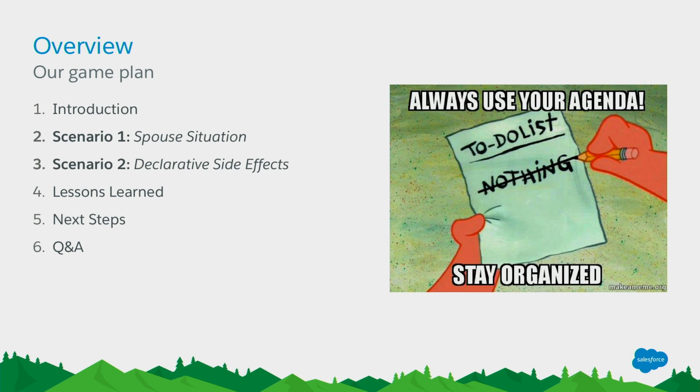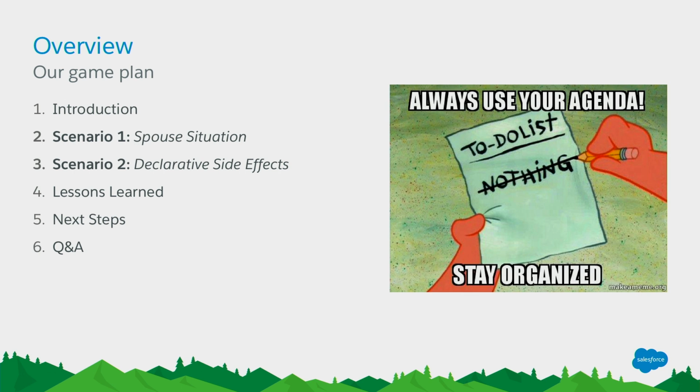Our game plan for today is going to be quite simple. First off, I'll do a quick introduction about the context, so you learn the lingo that we're going to use today. Then I will walk you through two scenarios where you can have recursive triggers. The first one will be a spouse situation, related to the contact object.